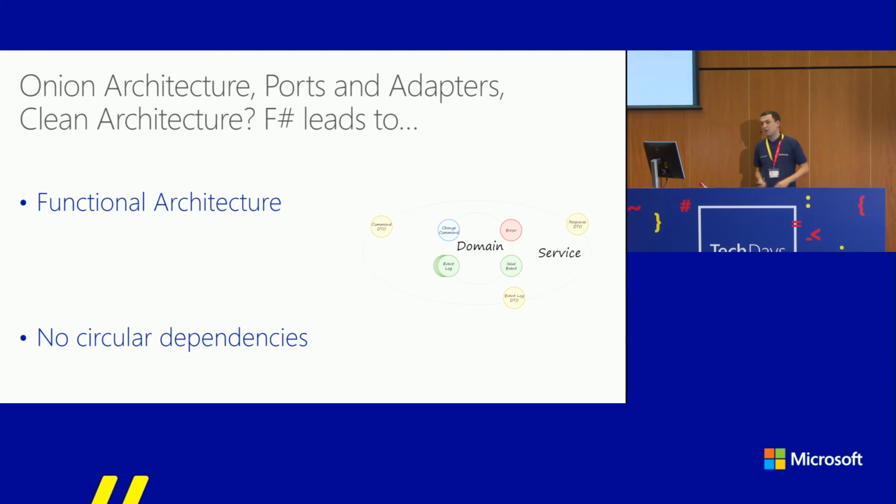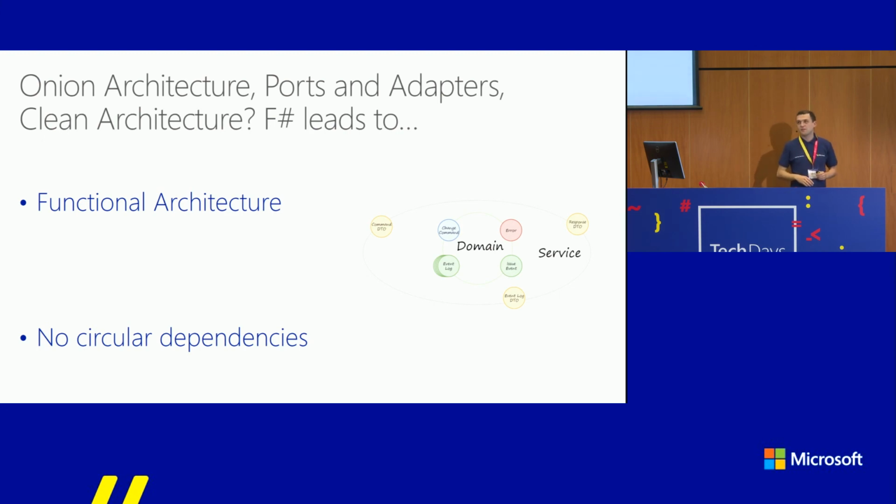Well, that's how you normally end up when you build functional applications. This picture looks like ports and adapters in some way. We have a domain, and then servers use it, but you cannot reference servers from the domain or use a DTO somewhere. That's also true because F#, as a compiler, doesn't allow circular references or dependencies.